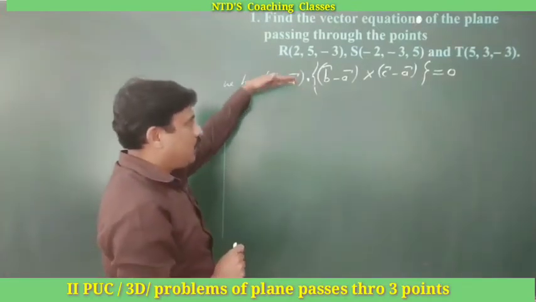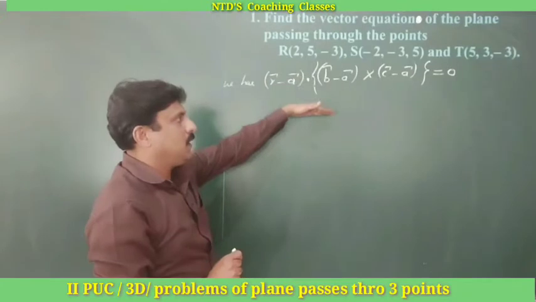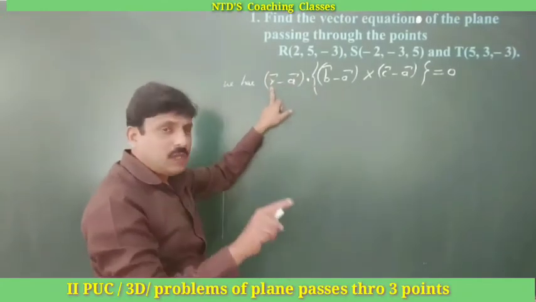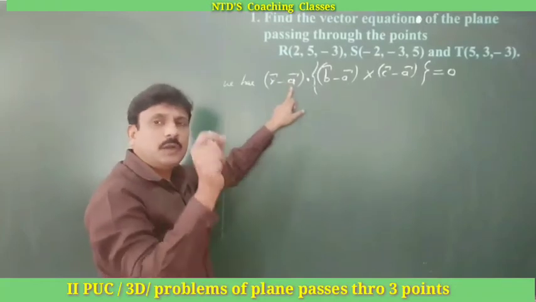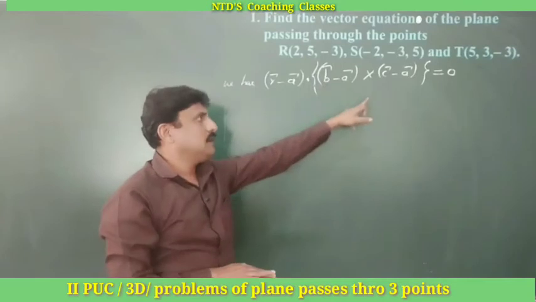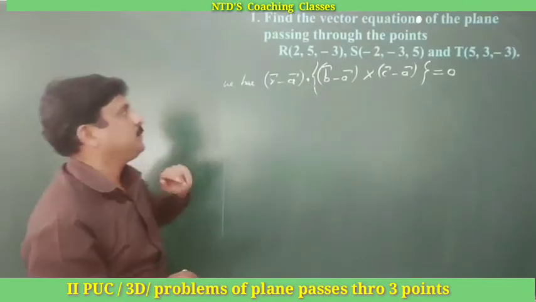This is dot, this is cross. This is the vector equation of a plane when they are given 3 points. R is the position vector of any point, A is the position vector of the given point, B is the position vector of the second point, C is the position vector of the third point.